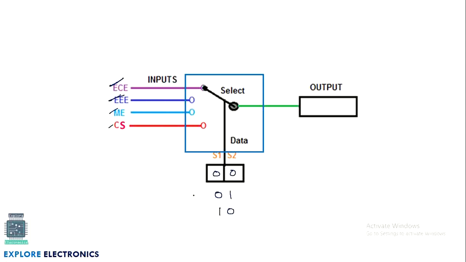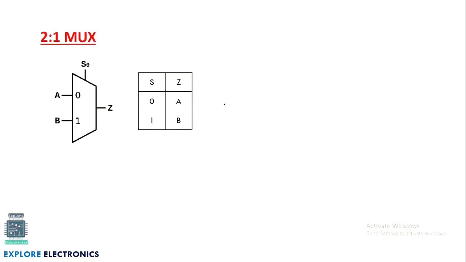If we give 1, 0, we can choose ME at the output. If we give 1, 1, we can choose CS as output. So these select line inputs make the change in the data selector, where it will connect to these input values.